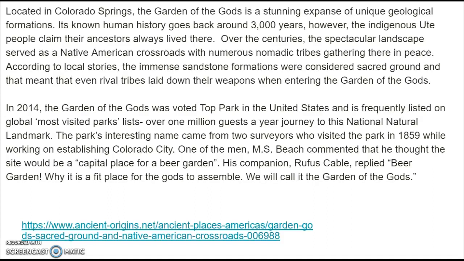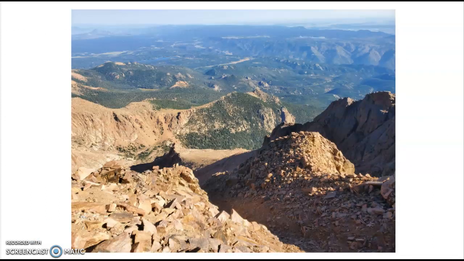Moving right along, just uphill from the Garden of the Gods is Pikes Peak, America's mountain, about which the song America the Beautiful was written.